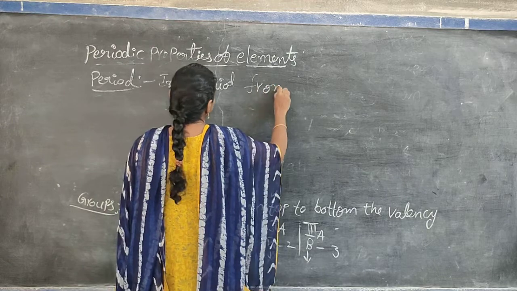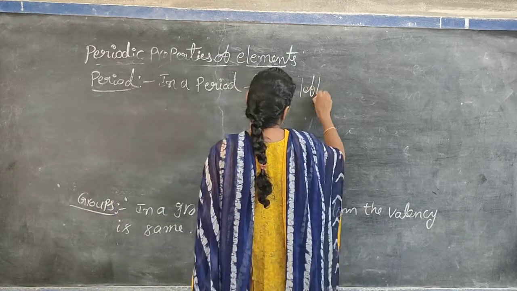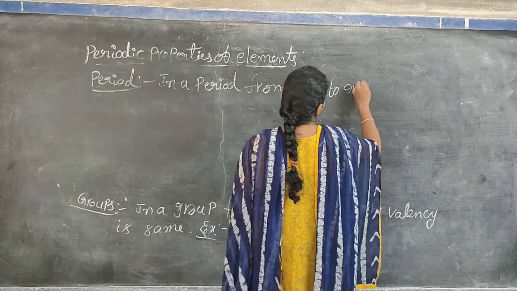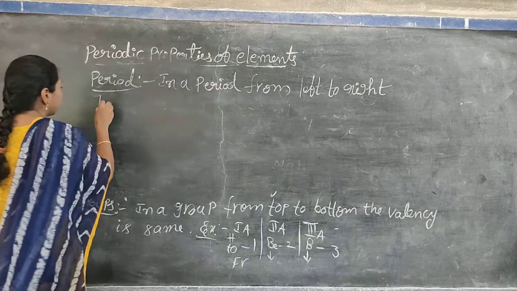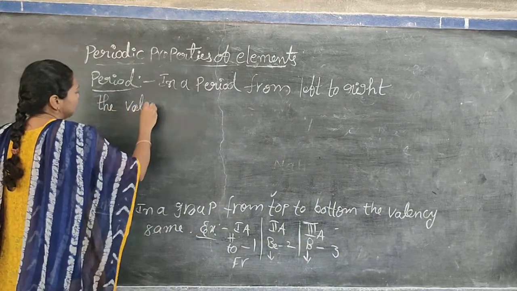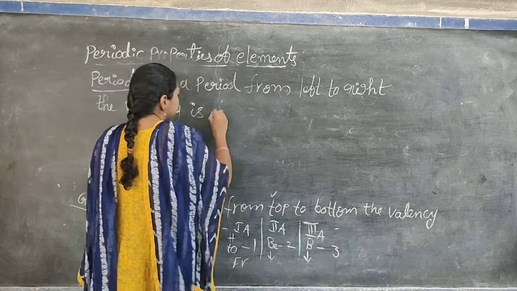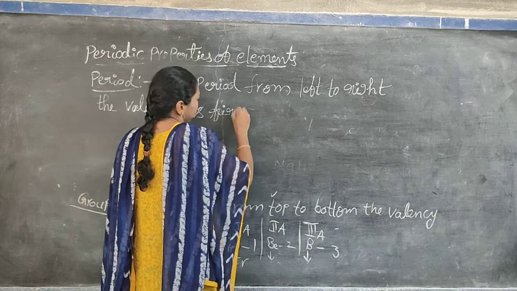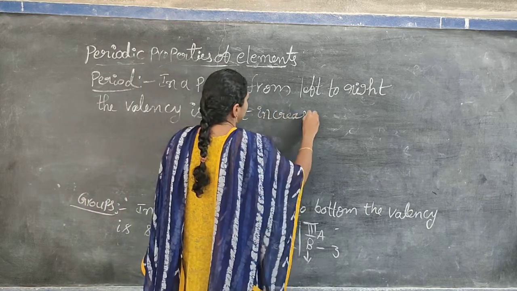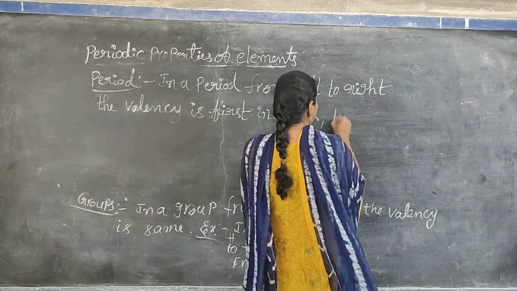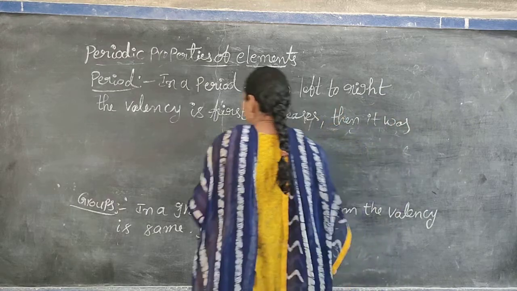In a period, from left to right, the property of valency first increases, then it decreases.